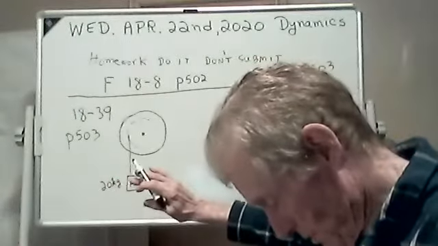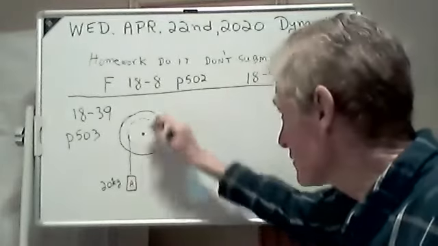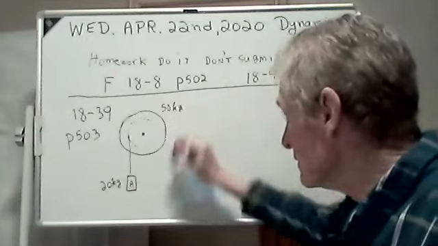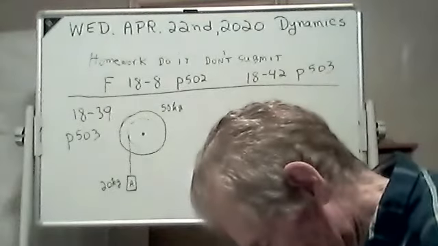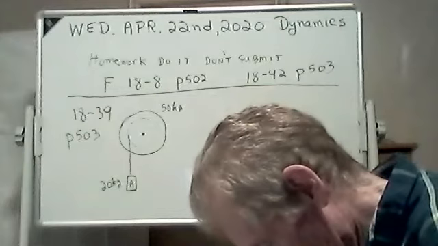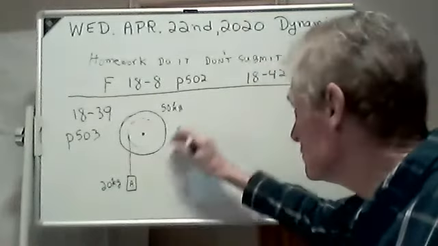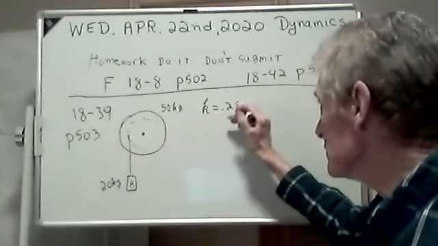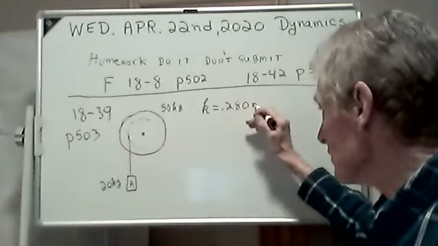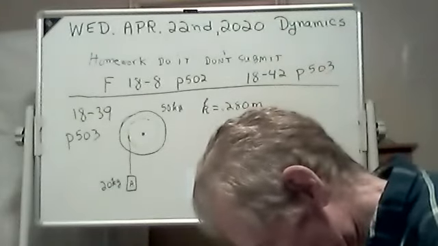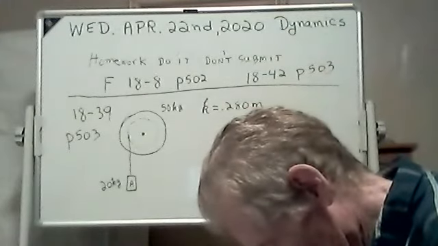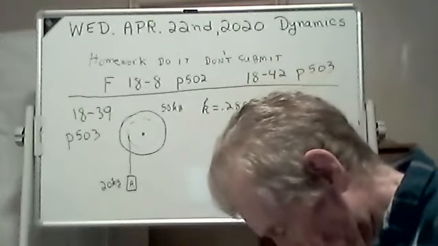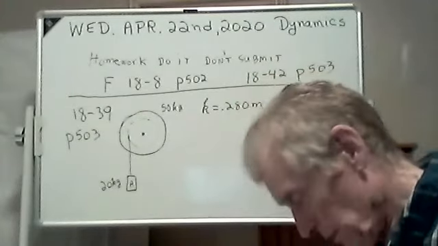Now the spool has a mass of 50 kilograms, and the radius of gyration of 0.280 meters. Okay, we're going to release from rest. We want the velocity of the block after it descends a half a meter.